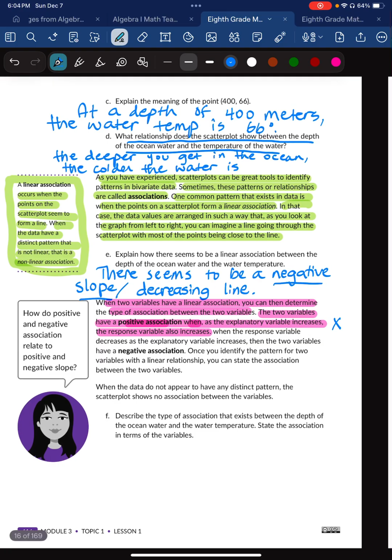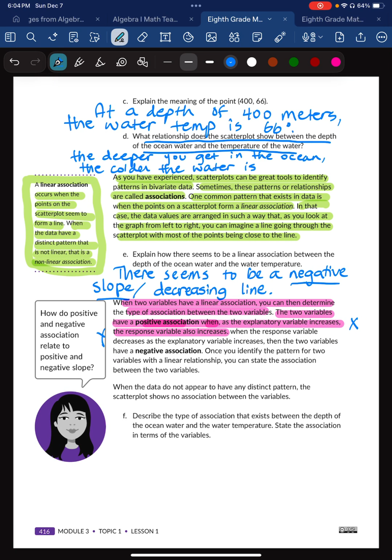So that is our y. When the response variable decreases as the explanatory variable increases, then the two variables have a negative association.